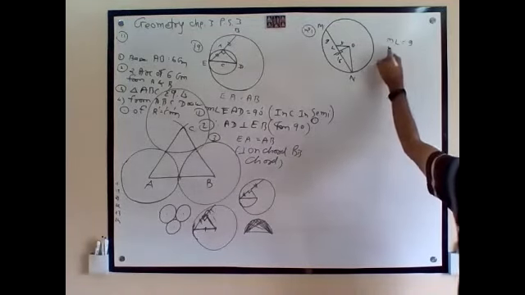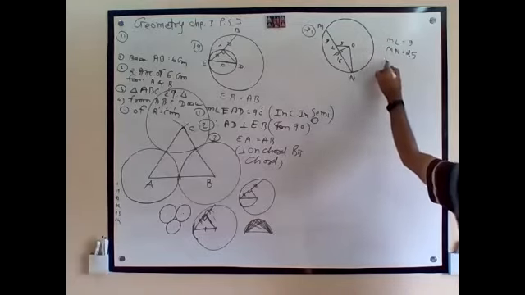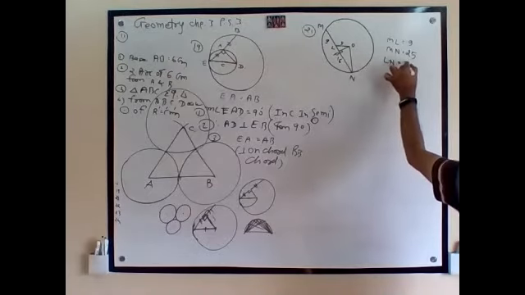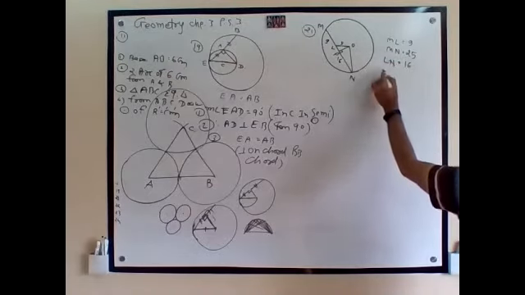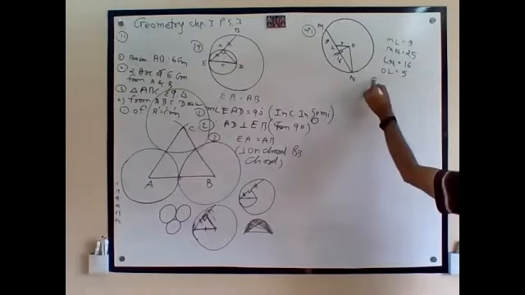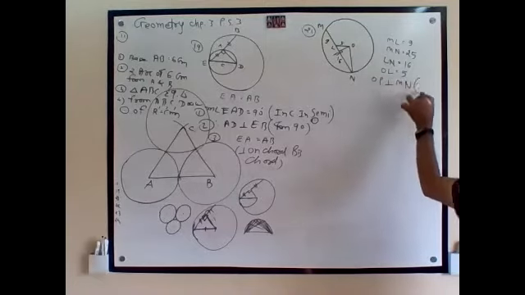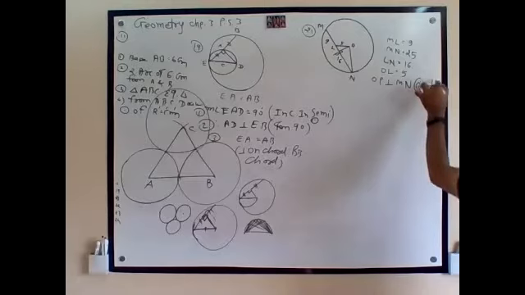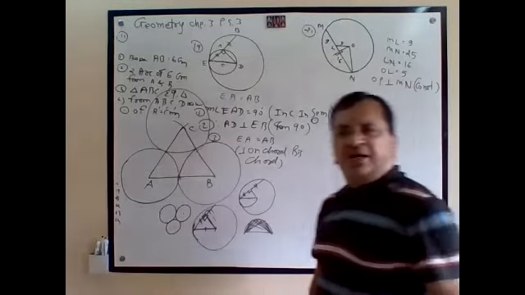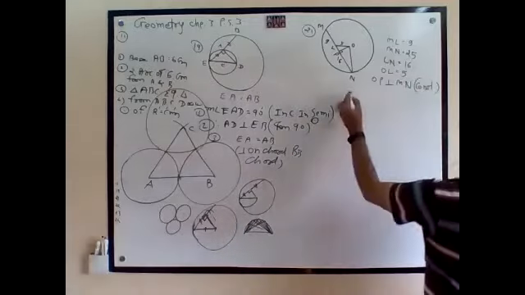ML is given 9 and total is given 25, so LN is equal to 16. OL is equal to 5. Now OP is perpendicular to MN, by construction. I have drawn a perpendicular, so again, when it is perpendicular, it is a bisector.